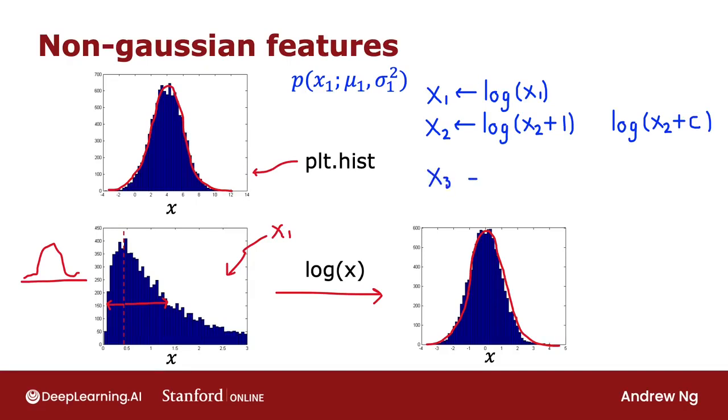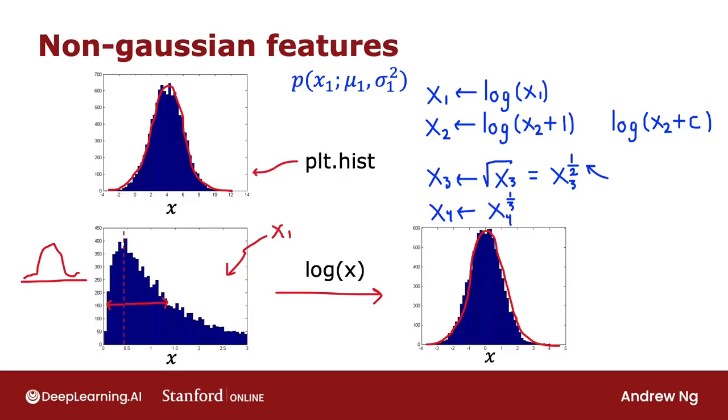Or for a different feature, you might try taking a square root, or really the square root of X3 is X3 to the power of 1/2, and you may change that exponentiation term. So for a different feature X4, you might use X4 to the power of 1/3, for example.